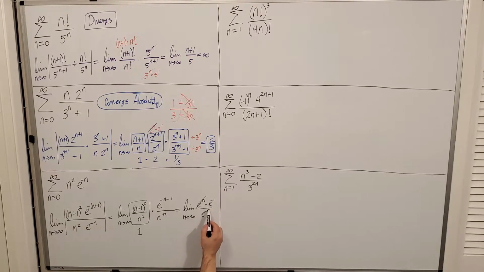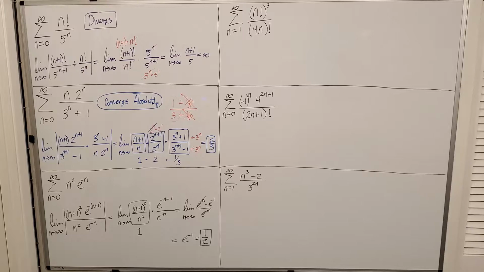The e to the negative n's reduce, and it leaves me with the e to the negative 1 power. So this equals e to the negative 1, which is just 1 over e, like so.